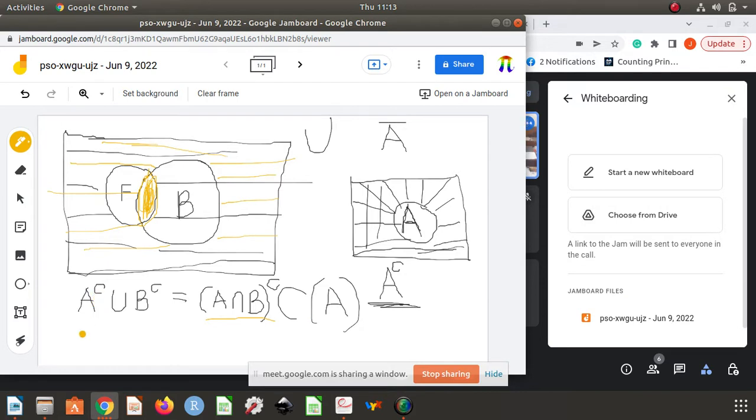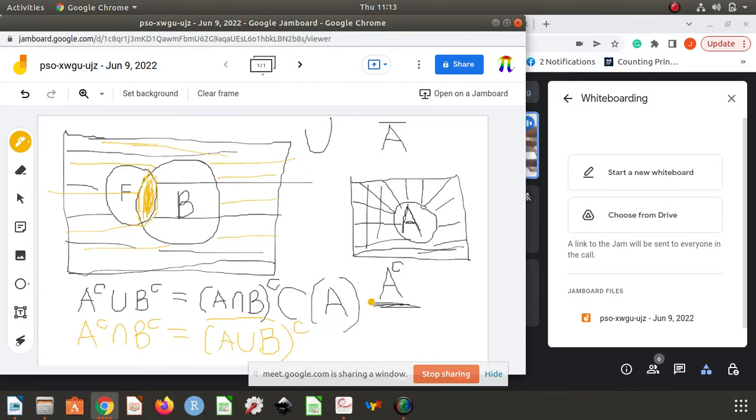The same way you can also check that if you have the intersection of the complement of A and the complement of B, then this will be the same. On this other end, you will first get the union of A and B, and then get the complement of that. So these two will give you the same answer.